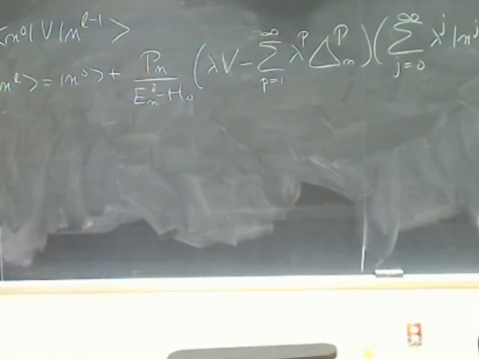Equivalently, we could differentiate this equation with respect to lambda 0 times, 1 times, 2 times, 3 times, 4 times, and then set lambda equals 0, and we get an infinite set of equations. Because this is supposed to be an equation that's true for all real small lambda.